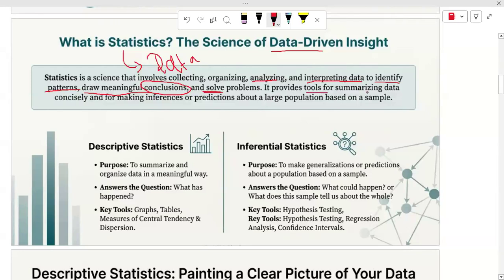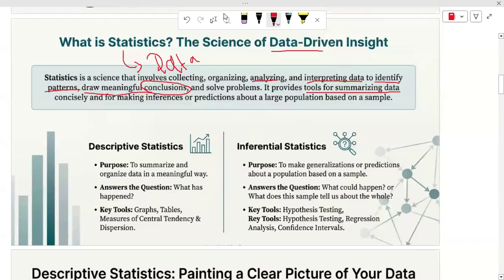Statistics provides tools for summarizing data concisely for making inferences or predictions about a large population based on a sample.